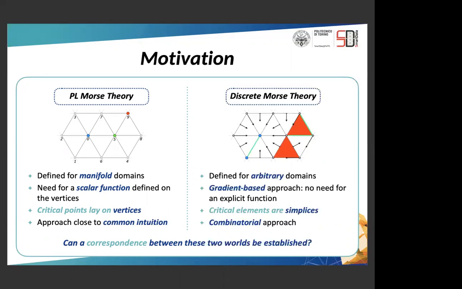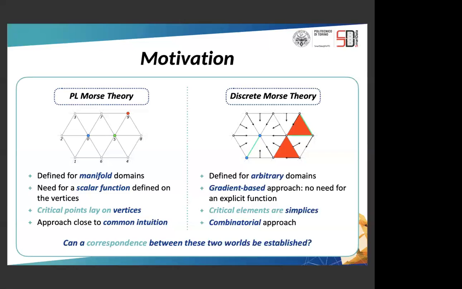On one hand, PL Morse theory explicitly needs a scalar function defined on the vertices of the domain in order to construct critical points and the entire machinery of PL Morse theory, while discrete Morse theory does not explicitly need a function, but adopts a more gradient-based approach in order to be defined.